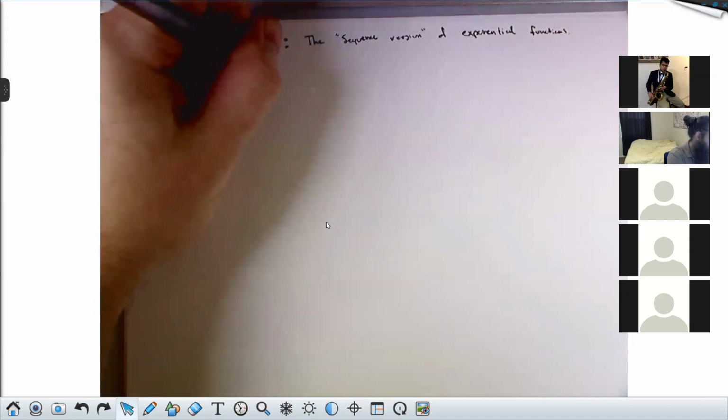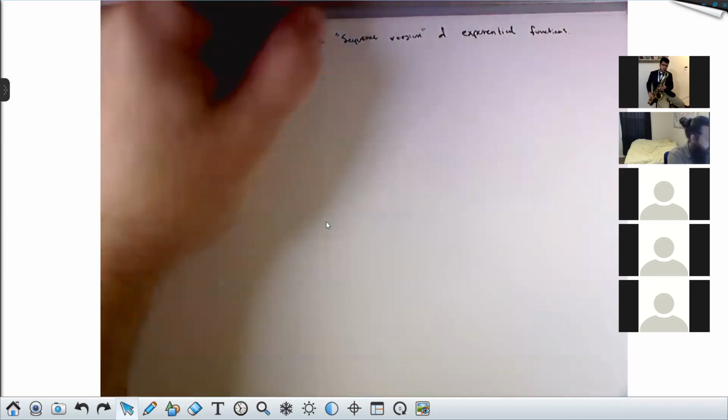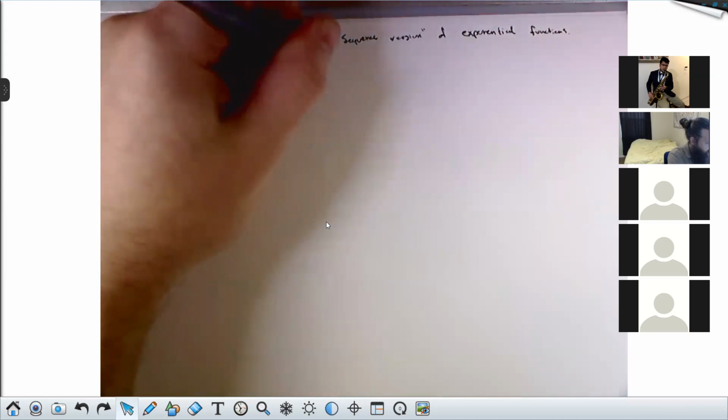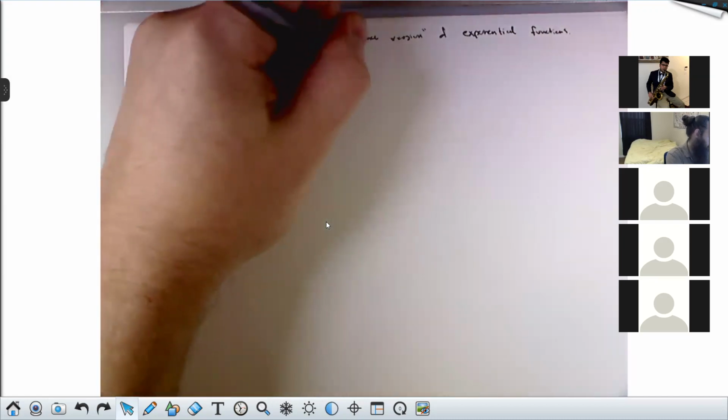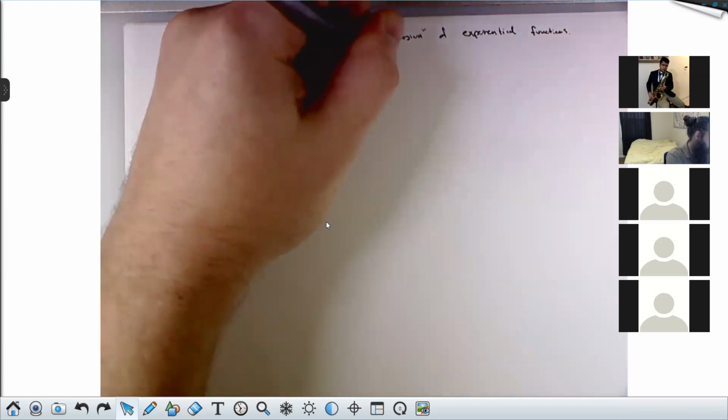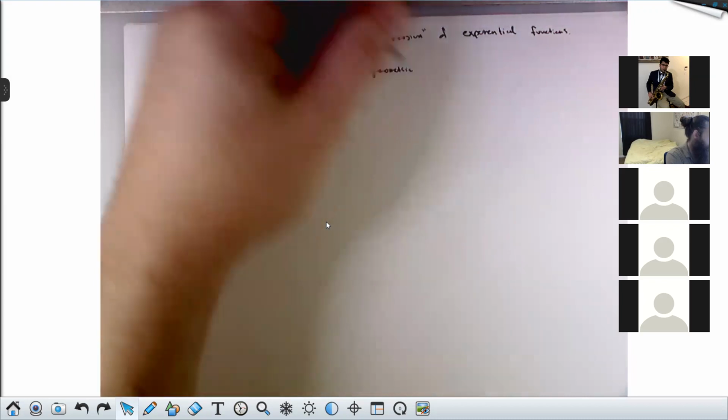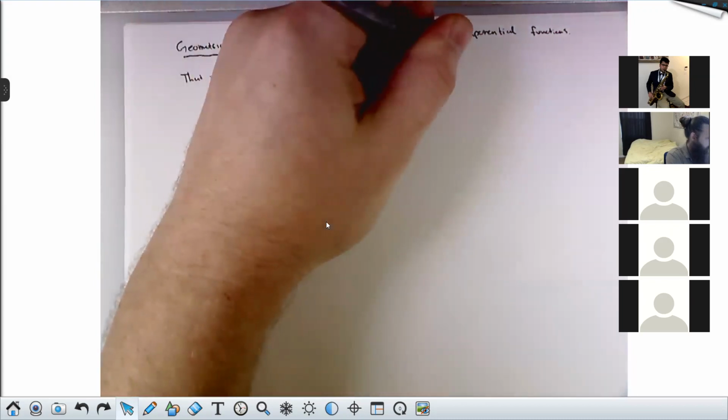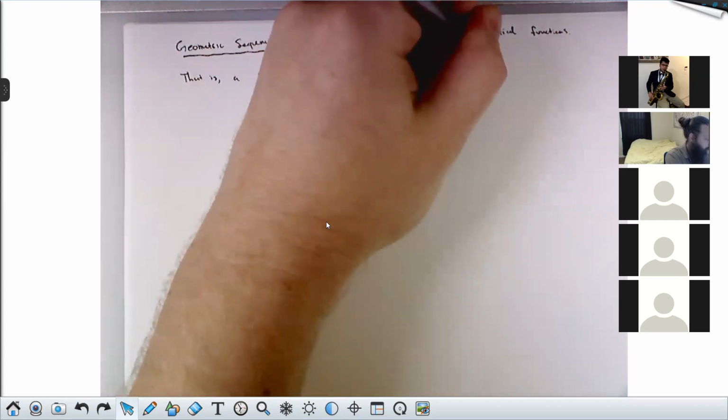A sequence a_n is geometric if it can be written in the form a_n equals a times some constant r to the n.